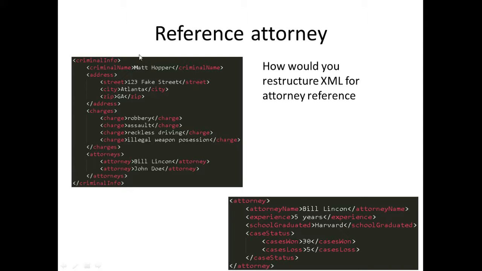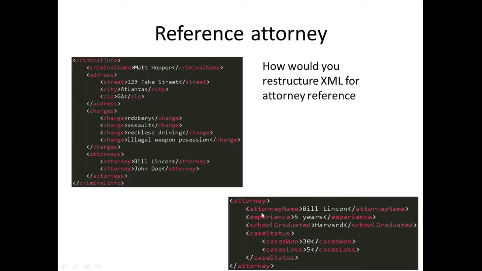Well, when I look at the two pieces of XML that I've constructed, I noticed that here in the criminal info, there's an attorney named Bill Lincoln, and I also had an attorney here in my new attorney XML called Bill Lincoln, and now I have to figure out how to structure this XML for attorney reference. So instead of just saying Bill Lincoln, how would I reference this information about Bill Lincoln?